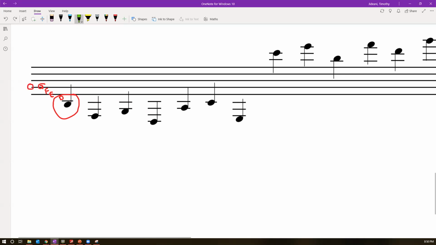Going down again, the next space is a D. The next line is a C, and the next space is a B. So that note is a B because the note is just below this line. Is it clear? Do we get it?